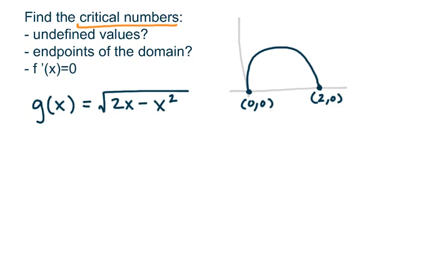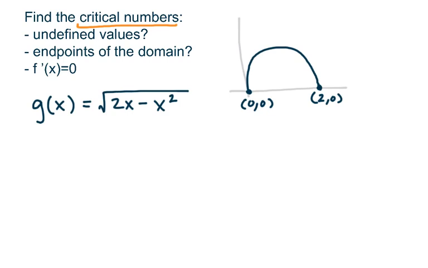Okay, so our domain, and again, we can find the domain algebraically. The domain of a square root function is going to occur wherever that argument, our radicand, under the radical, has to be greater than or equal to 0.